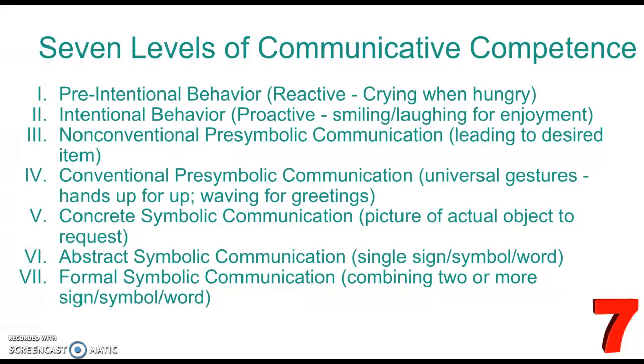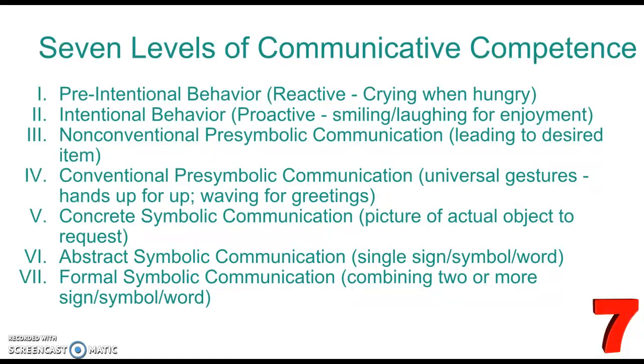The next level is conventional pre-symbolic communication. These are universal gestures, such as holding the hands up for wanting to be held, or waving for hello and goodbye. Level 5 is concrete symbolic communication, where you have an actual photograph of an object and they use that photograph to request that particular object. Level 6 is abstract symbolic communication.